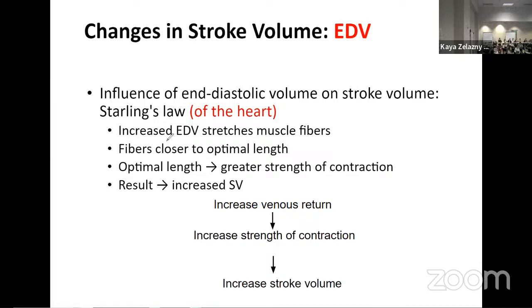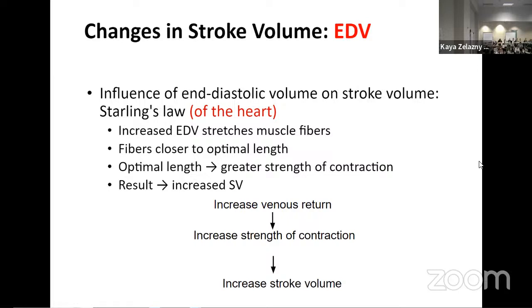Okay. So your heart is not always the size that gives those muscle fibers of the heart optimal length. If you put more blood than normal into the heart, so if you increase end diastolic volume, you actually put those fibers closer to their optimal length, right?